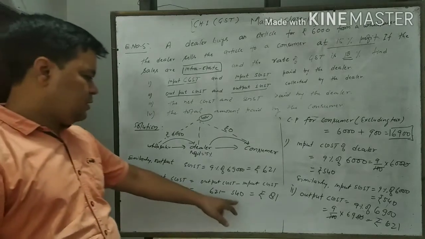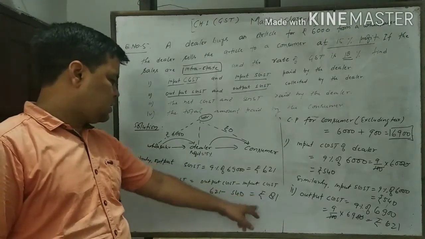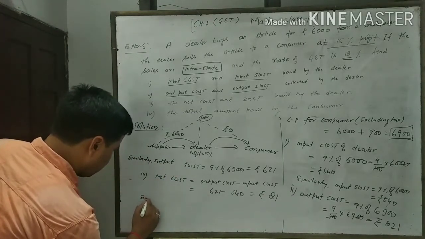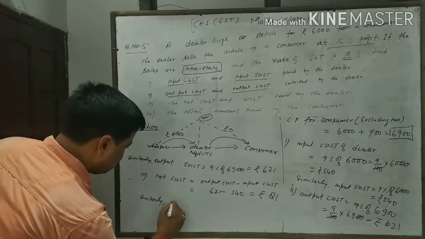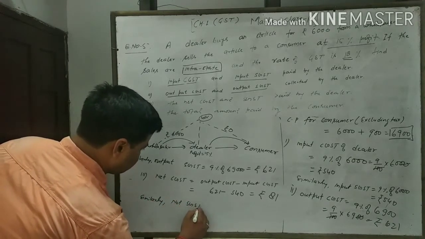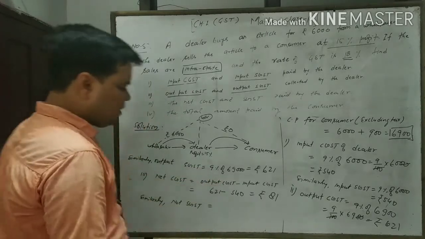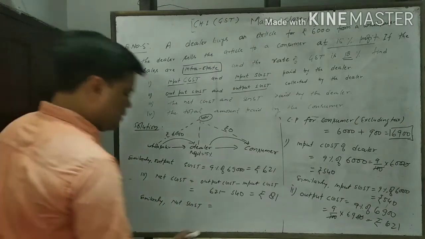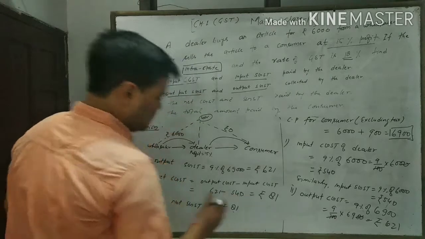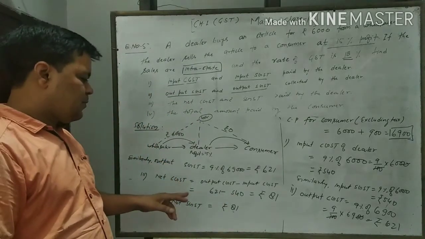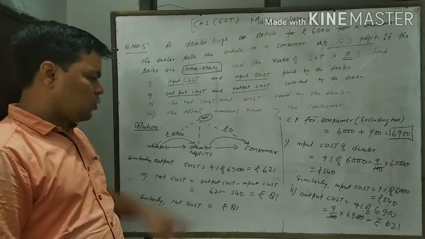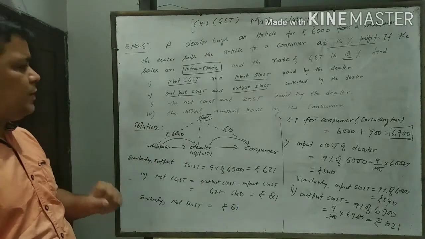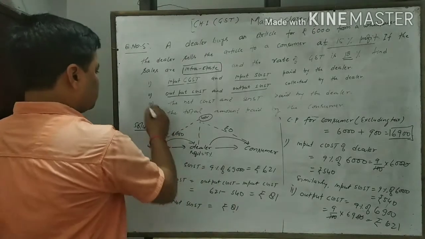Okay, 81 rupees. Similarly, net SGST we will find this way: output SGST minus input SGST, 621 minus 540, that will be 81 rupees. Okay, it means the total tax paid by the dealer to government will be 81 plus 81, that will be 162 rupees. Okay, now this question is also over.